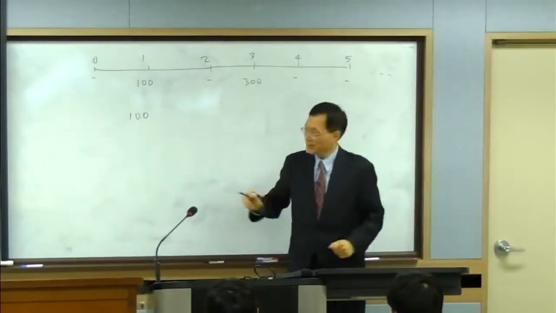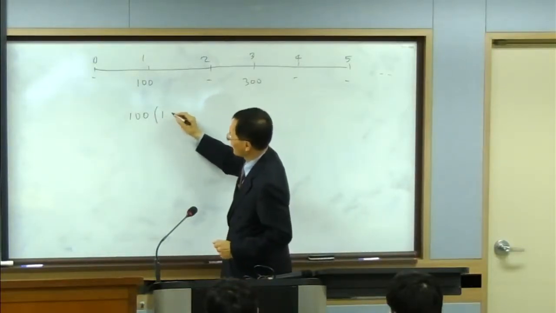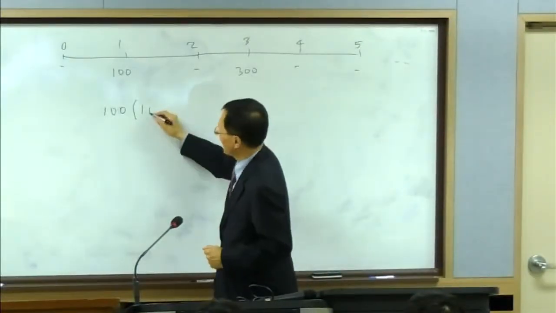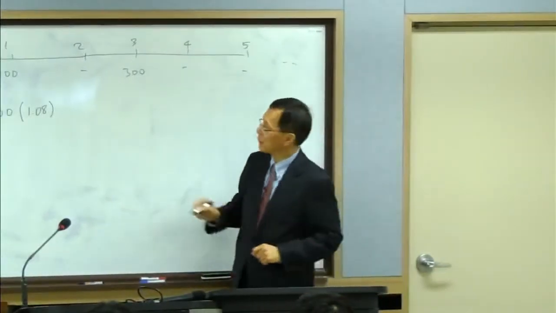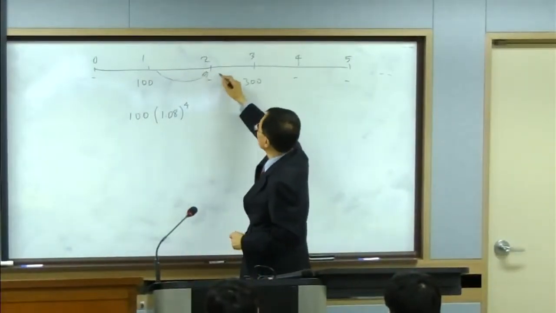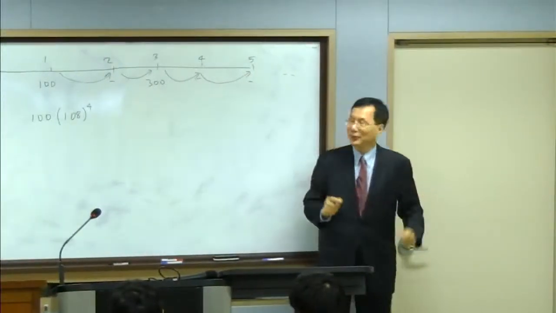Explain in words. 100 as the investment, 1 plus 8%. That's 8% interest. And power of 4, which is the year. Okay, 4 times. Once, twice, 3, and 4 times. Right? 4 years. Okay, good.